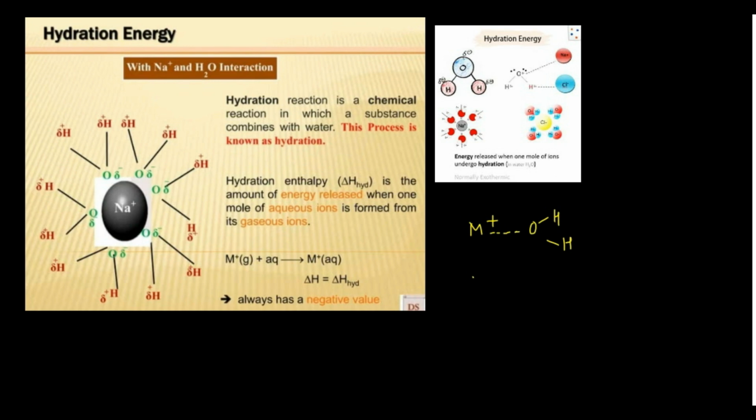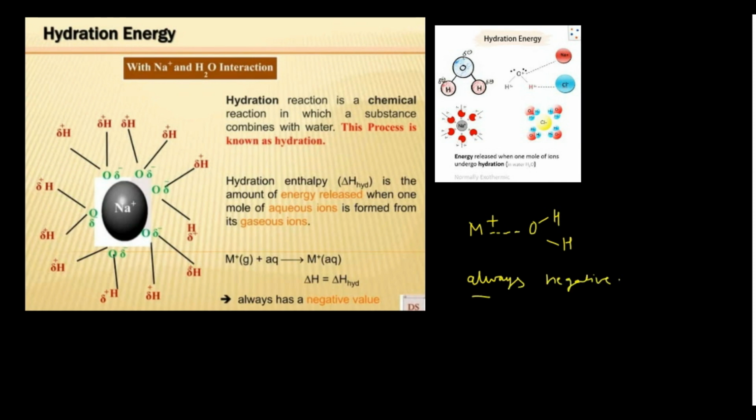That's why I gave the statement that the heat energy is released when new bonds are made between the ions and the water molecules. Please remember this particular thing. Very important, and because energy is released from the system, this hydration enthalpy is always negative. Please remember, hydration enthalpy is always negative.